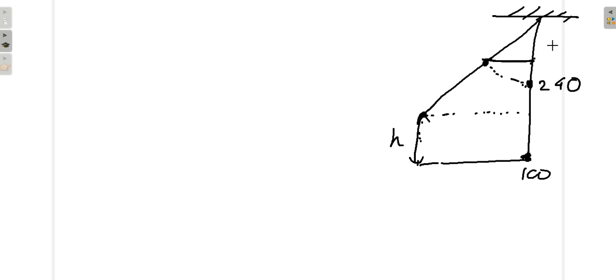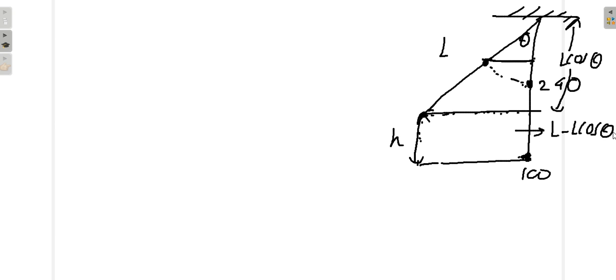Please note that suppose this length is L and this angle is theta, then up to here it will be L cos theta. So the height h will be, this whole length is L and L cos theta. So this height will be given by L minus L cos theta.